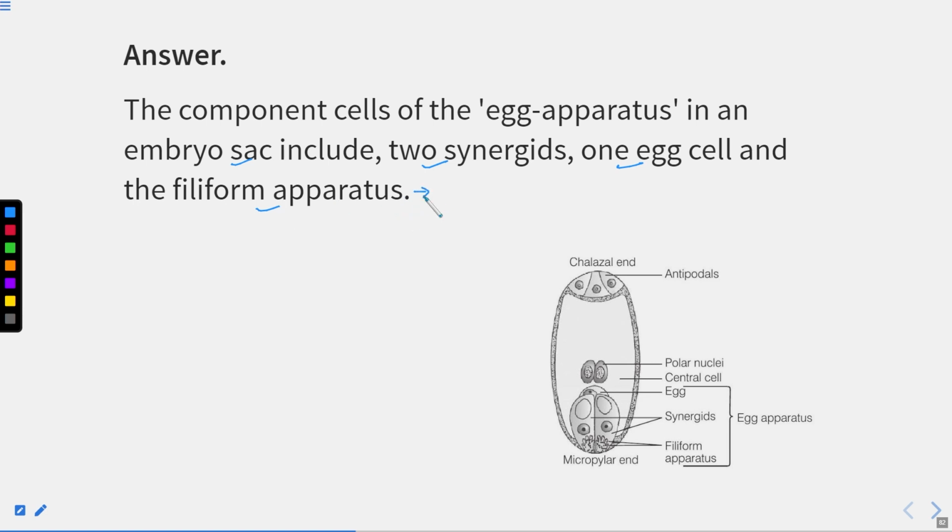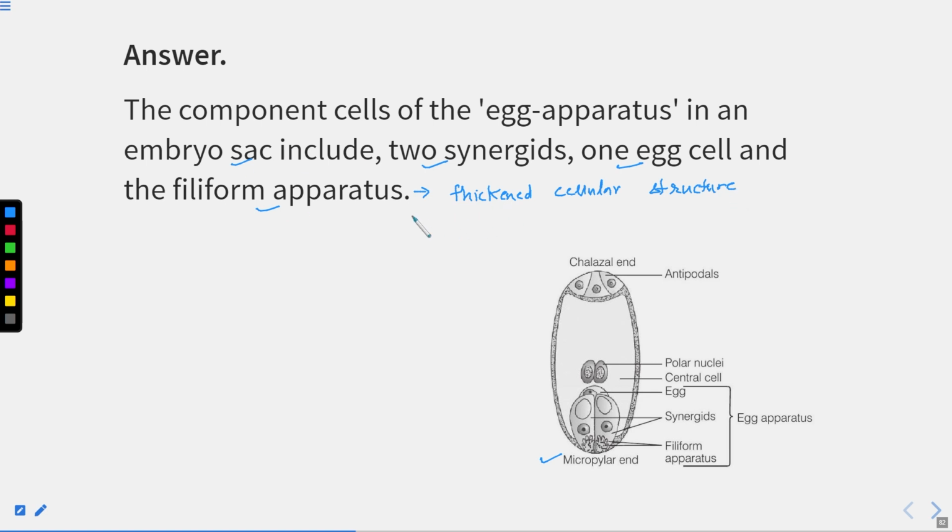Filiform apparatus is a thickened cellular structure at the micropylar end, which is present at the micropylar end.